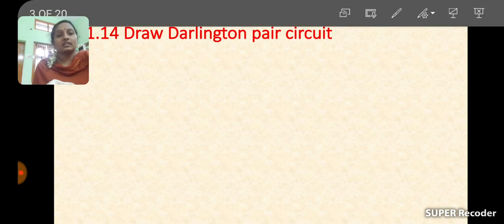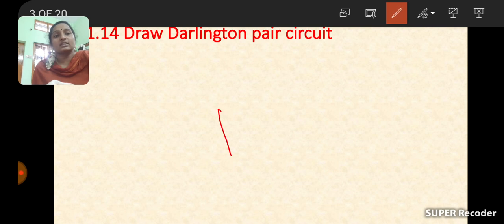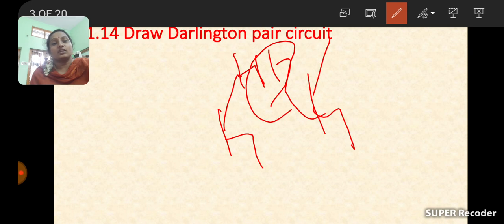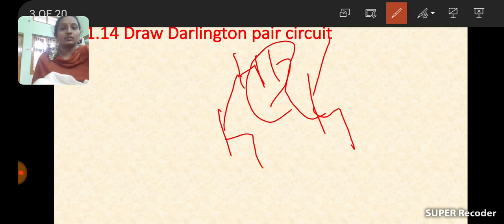In our last class we also finished the single stage RC coupled amplifier. In RC coupled amplifiers, the coupling elements are resistor as well as capacitor. The capacitor is used to connect the output of one stage to the input of the next stage.